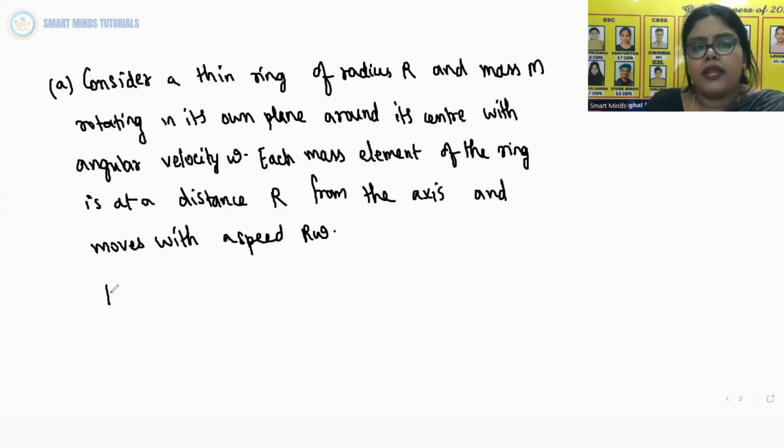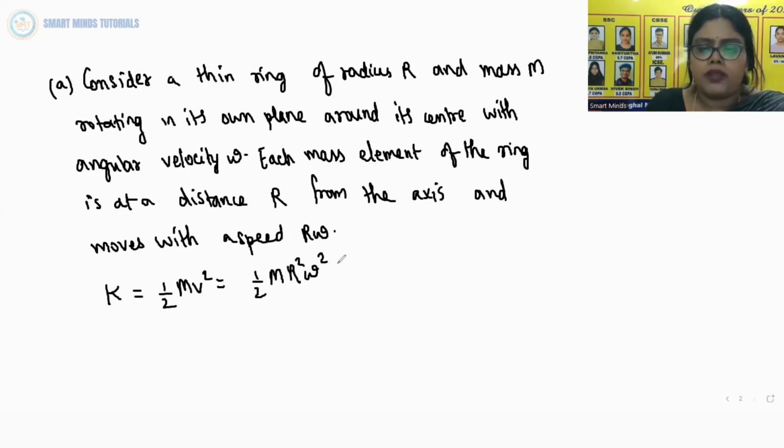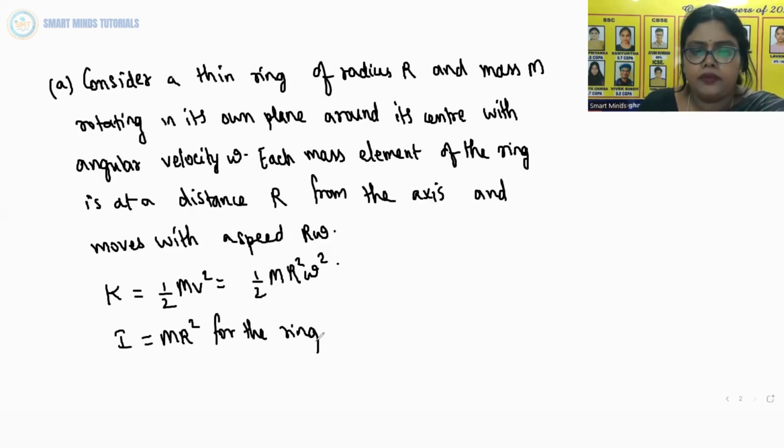So how do you get the kinetic energy? K is equal to half m v square, that is, half m r square omega square. Now comparing it with the other equation, what do you get? You get I is equal to m r square for the ring. You can see the figure.